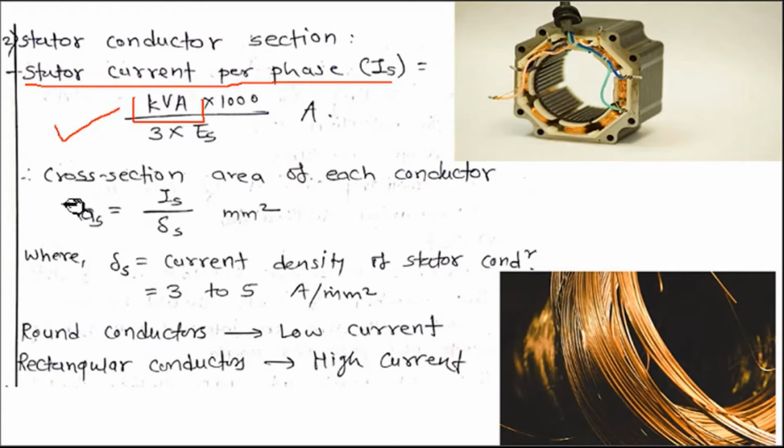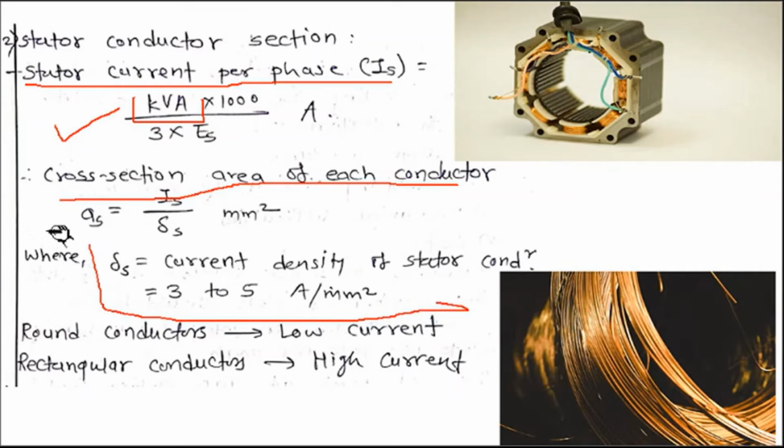Now the cross section area of each conductor is given by stator current divided by current density of stator conductor. Remember, current density of stator conductor is always selected between 3 to 5 ampere per mm square.